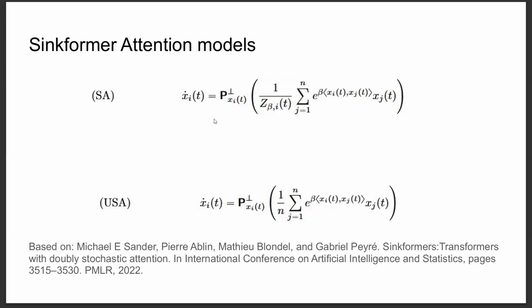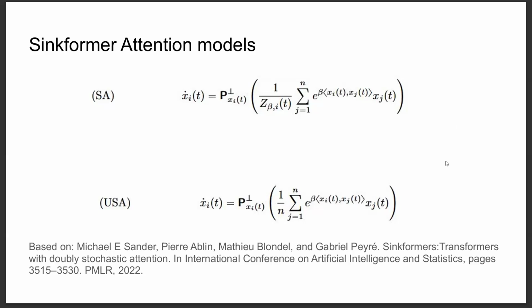So if you're not interested in this USA model, you might just consider this SA model for the last part of my talk here. Just ignore this USA model, which is actually some approximation of this dynamics.